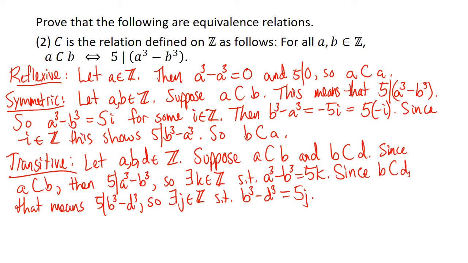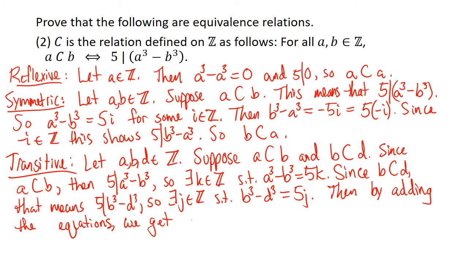Okay, so then how are we going to get A cubed minus D cubed? So again, we can just add the equations together. So then by adding the equations, we get A cubed minus B cubed plus B cubed minus D cubed is going to equal 5k plus 5j.